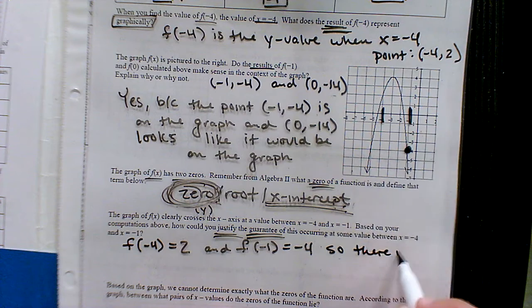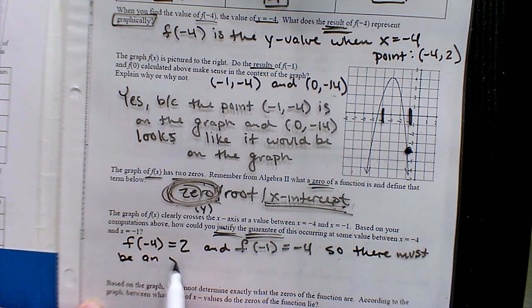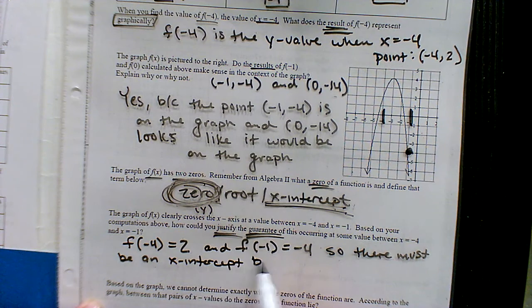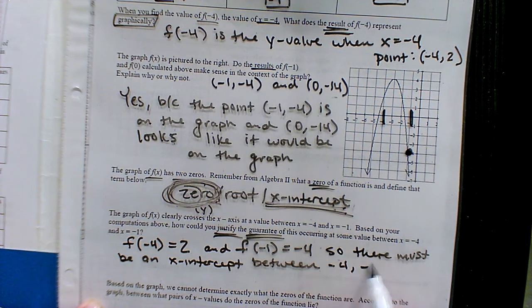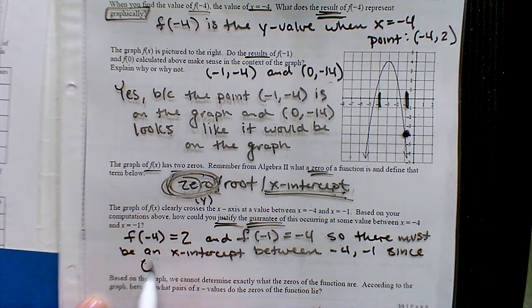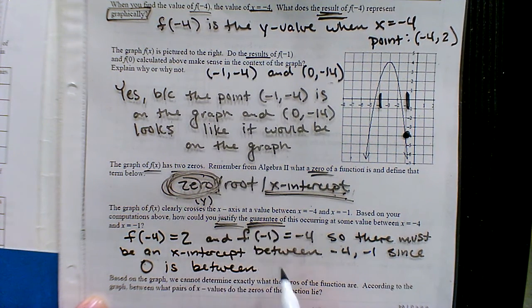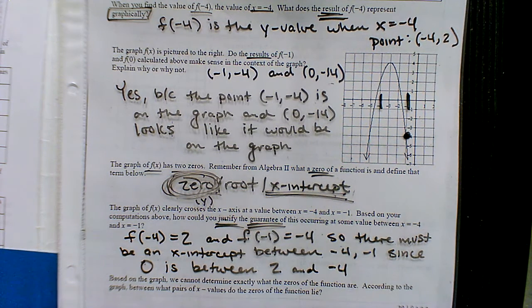So there must be an x-intercept between negative 4 and negative 1, since 0 is between 2 and negative 4.